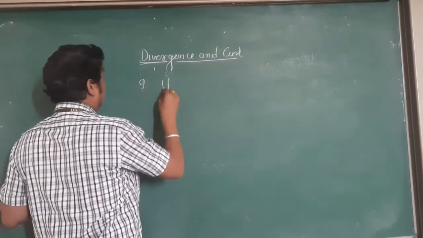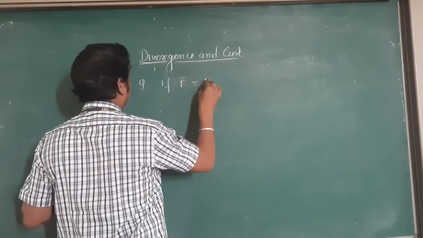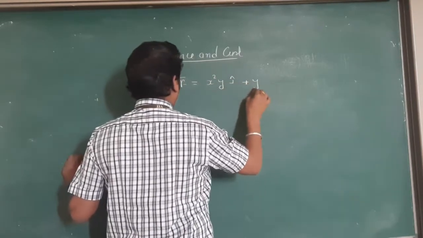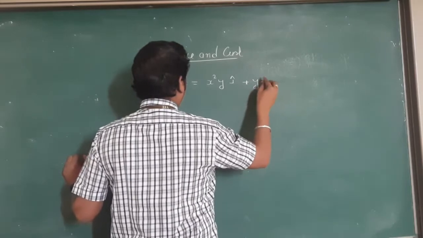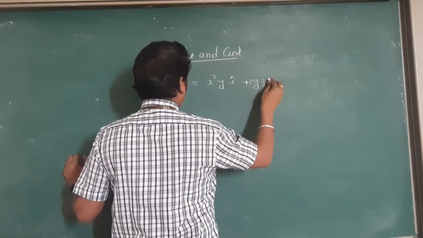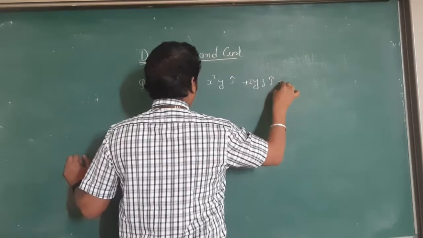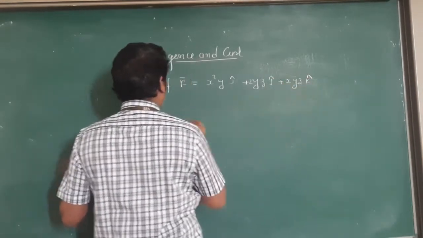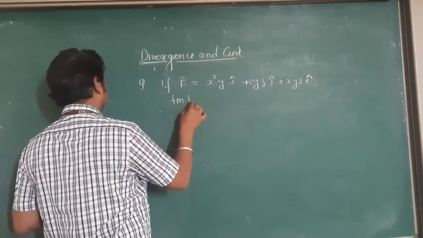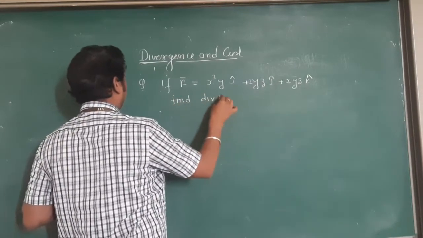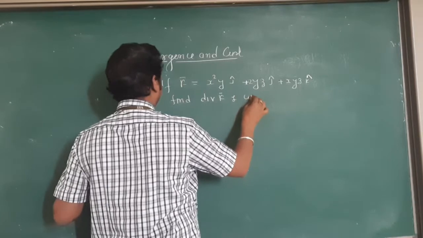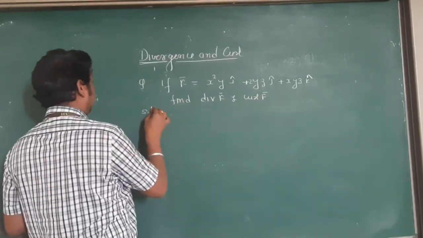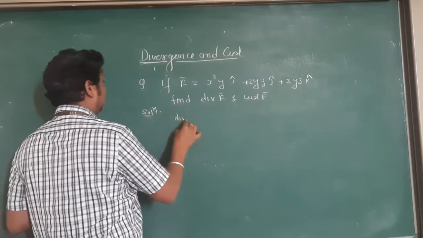Question: if f is equal to x square y i plus 2yz j plus xyz k, find the divergence of f and curl of f. So, solution. What is the divergence of f?